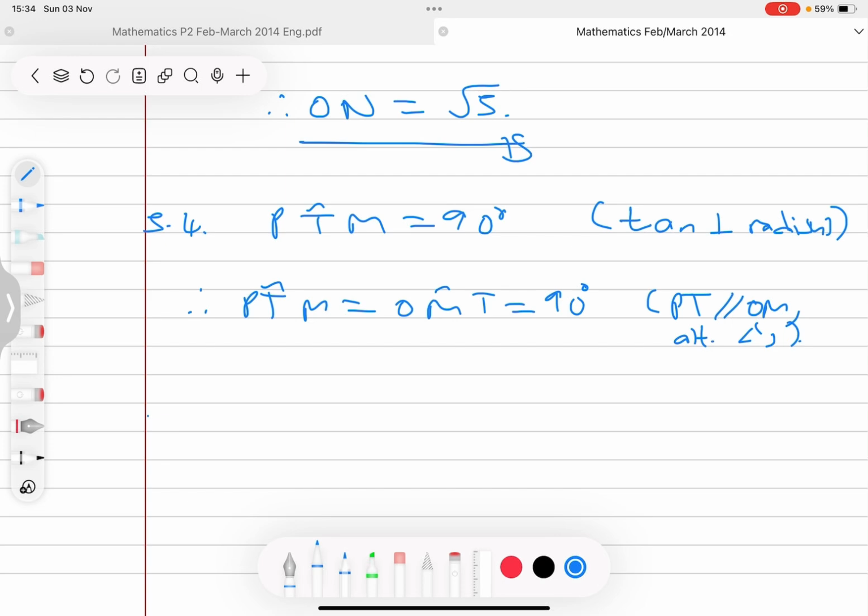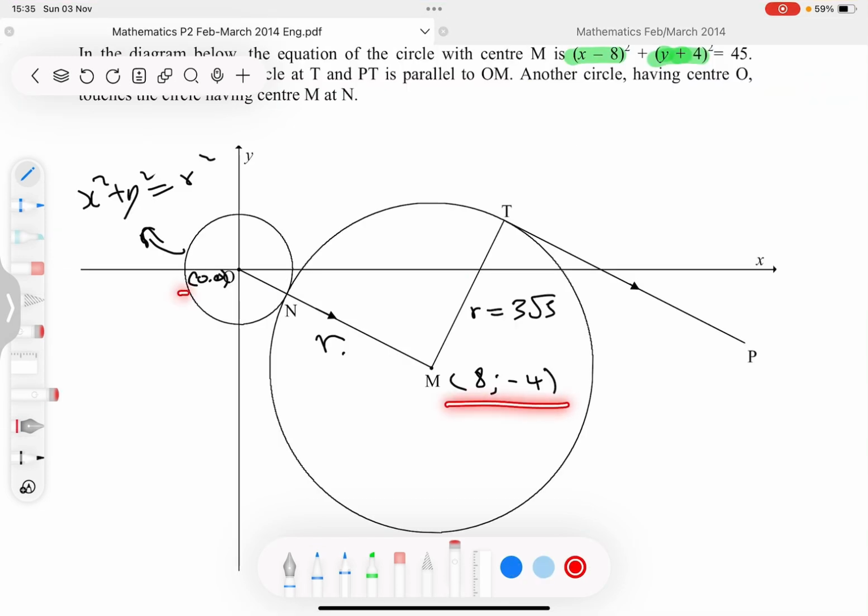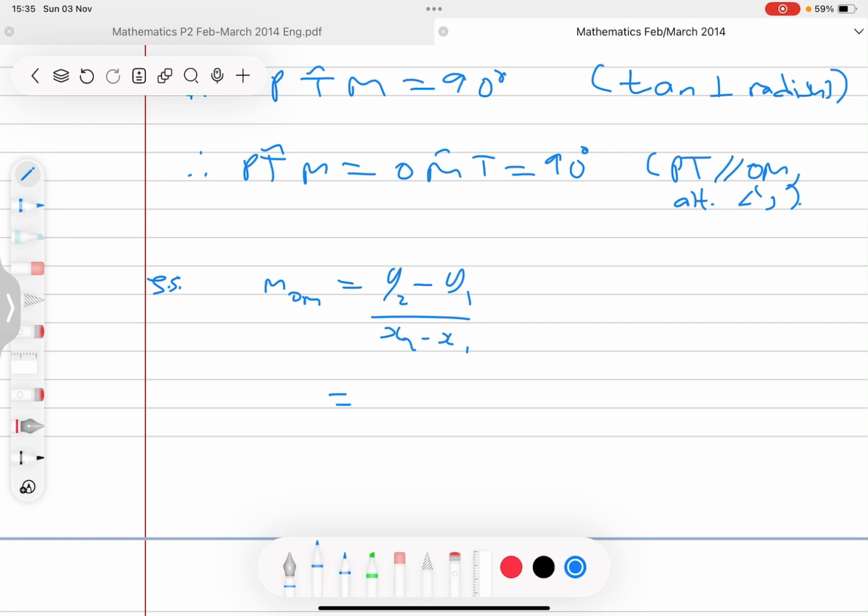So the gradient of OM would be given by m_OM equals (y2 minus y1) over (x2 minus x1), right? I'm going to use the same points that we used here, if you remember them, the 8 and the -4, and 0, 0 there at the origin. So my y will be -4.